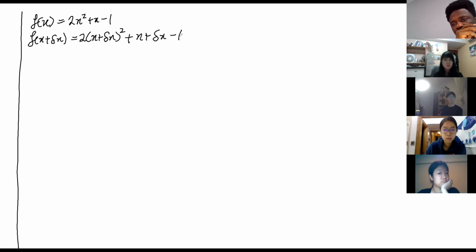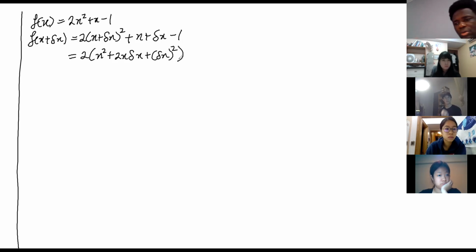Agree? And this is simply 2 bracket x squared plus 2x delta x plus delta x squared. Delta x is one symbol, so that's why I put a bracket. Understand? Then plus x plus delta x minus 1.